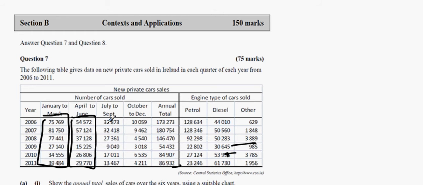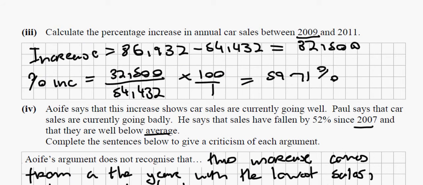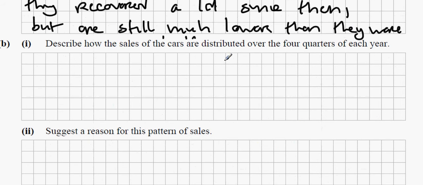Then it sort of falls off. July to September, not as many people buying. Then October to December, sales have dropped. So here's the 4 quarters: 1, 2, 3, and 4. Okay, so we got to describe what's happening there.